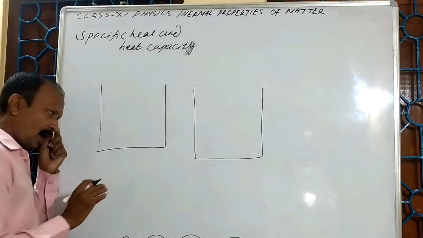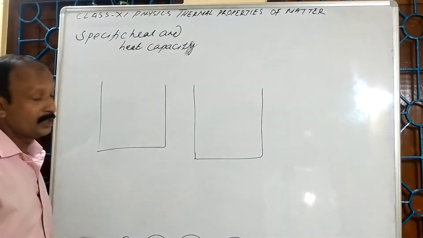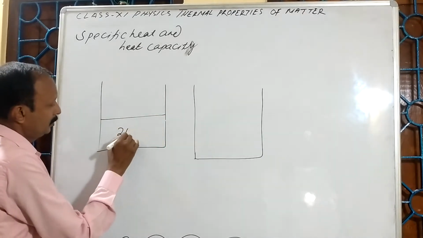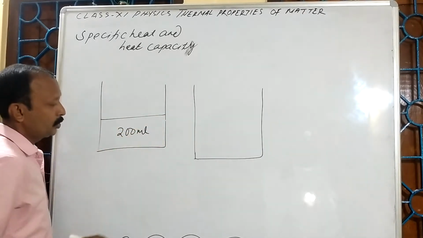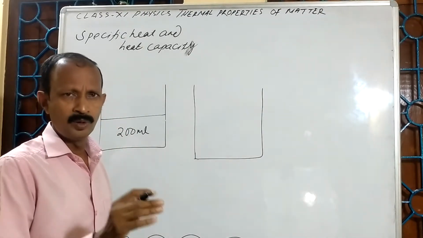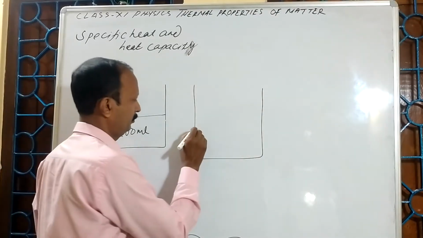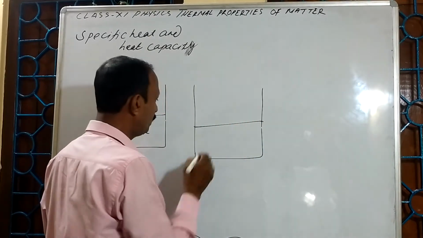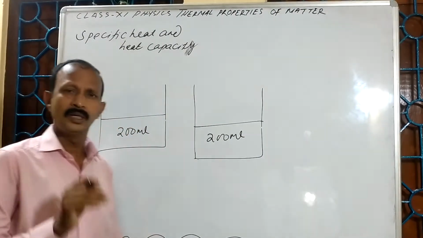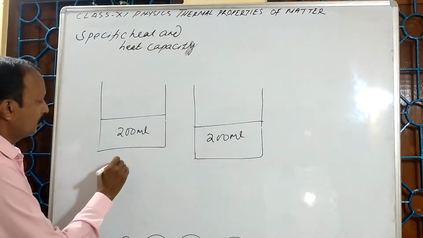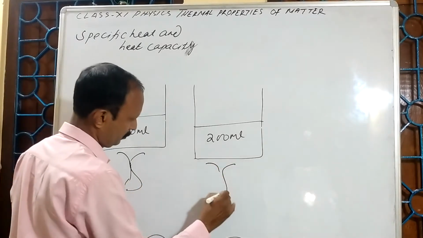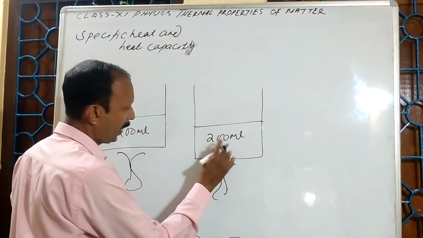I have taken two identical containers. Suppose in this container I am taking 200 milliliter of water, which is almost equal to 200 gram. Here also I am taking 200 milliliter of water. Suppose with the help of a uniform burner, I shall provide the heat.